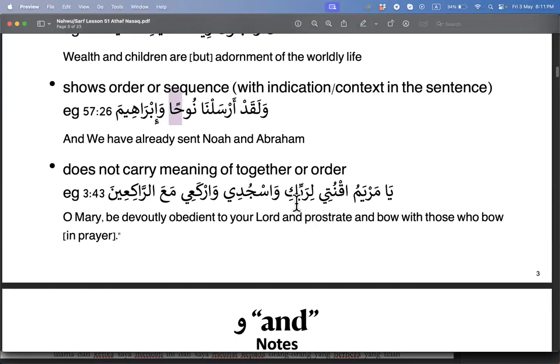Lirabbiki: jar wa majrur, mudaf ilayhi, muta'alliq bi fi'il uqnuti. Yes. Wasjudi: wasjudi is ma'tuf ala what? Rabbika? What kind of word is this? Usjudi.